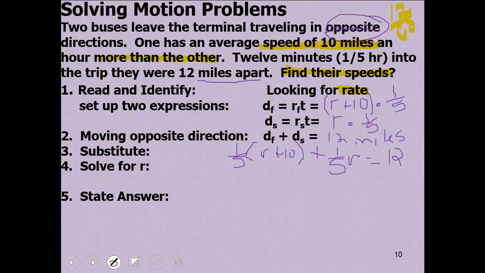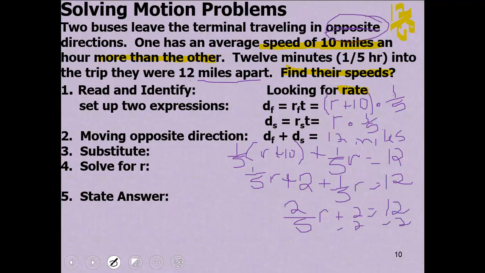Now I'm going to distribute and I get 1/5 R plus 10/5, which is 2, plus 1/5 R has to equal 12. So 2/5 of R plus 2 has to equal 12. Subtract the 2. So 2/5 of R has to equal 10. Now, how you proceed from here, you have choices.